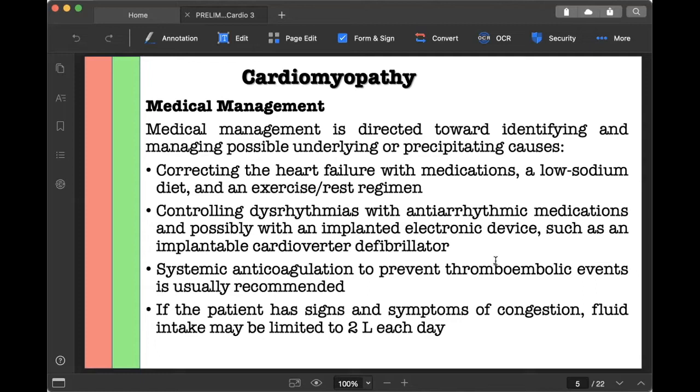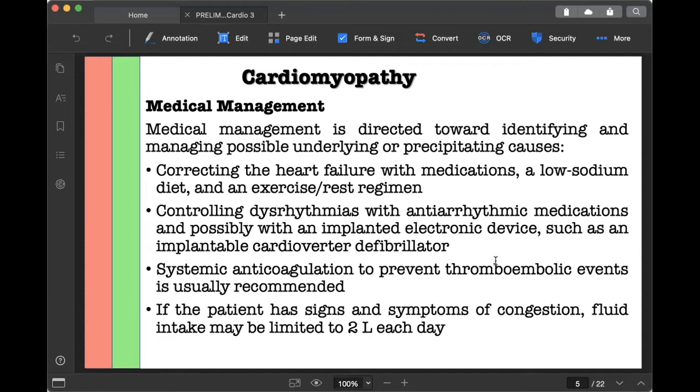With this, it can alleviate what you're feeling, or stop the process of becoming chronic cardiomyopathy, by undergoing medical treatment and a low sodium diet. Next, controlling dysrhythmias with antiarrhythmic medications, and possibly with an implanted electronic device such as an implantable cardioverter defibrillator.